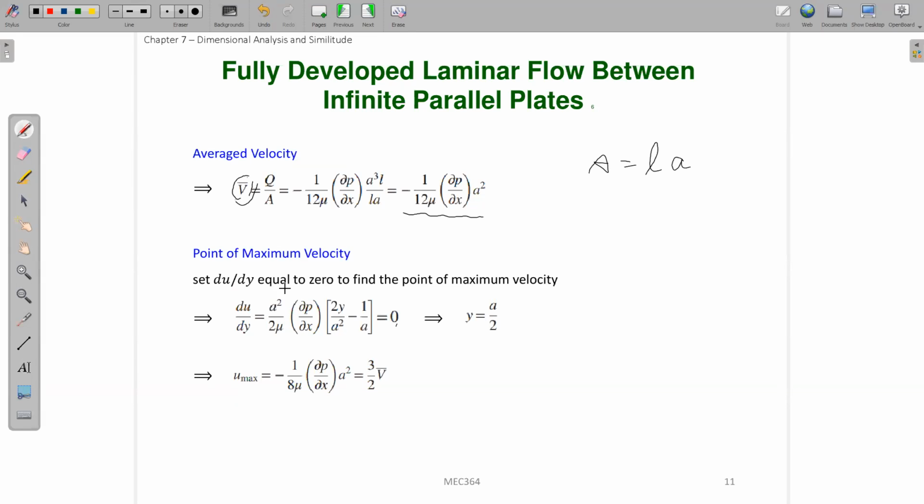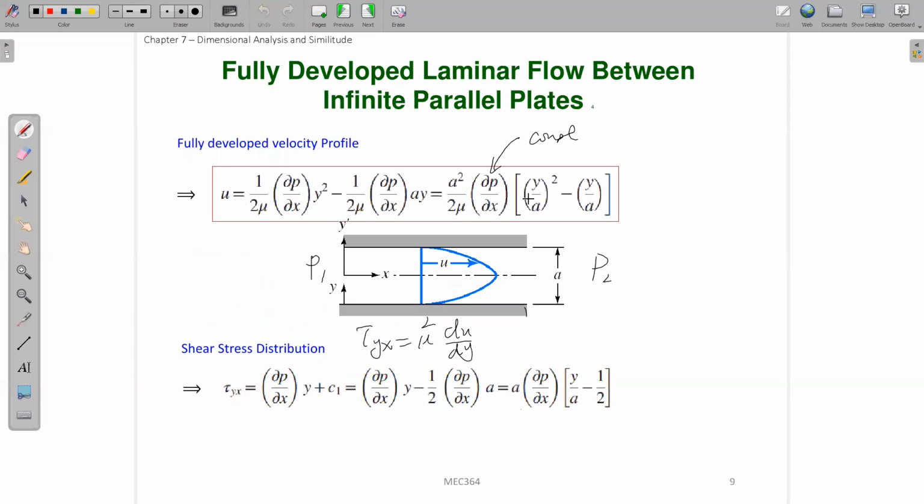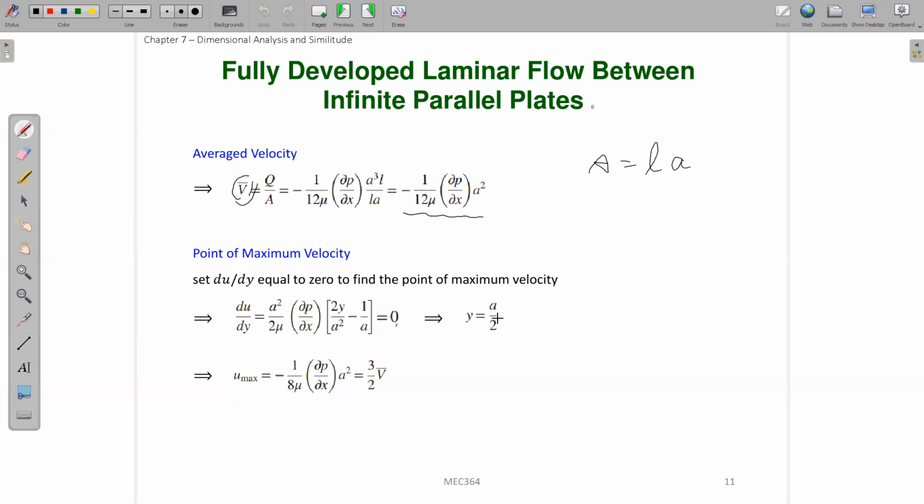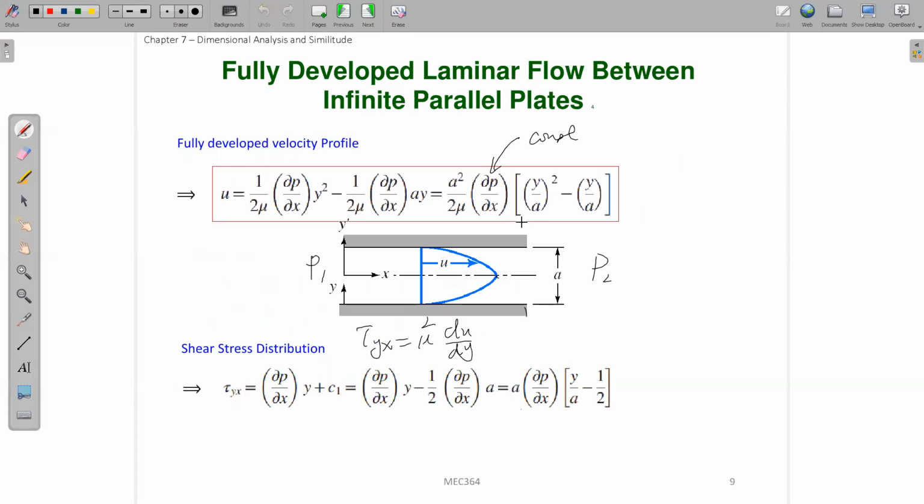So you substitute the u result into here. This is what du/dy will be, and if this is equal to 0, we find that y will be a over 2. Which means y equal to a over 2 is the center line, right? So the maximum velocity happens at the center line, y equal to a over 2, and you substitute y equal to a over 2 into this velocity profile.